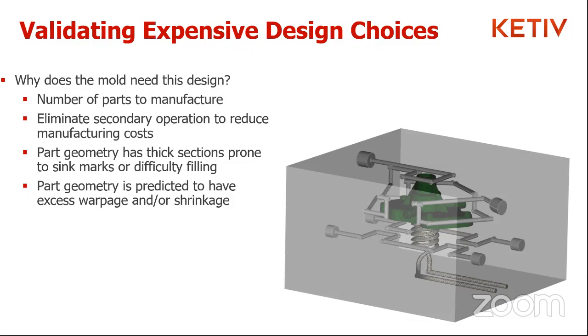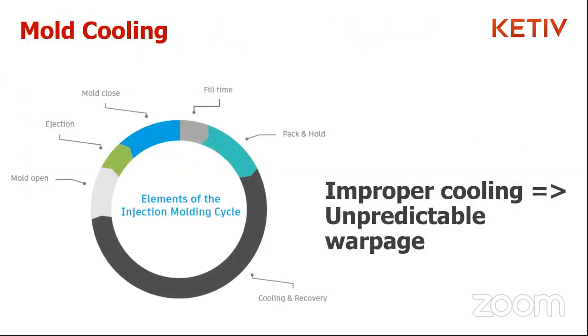Now we have been talking a lot about cooling and warpage. The reason for that is because mold cooling can usually account for more than two-thirds of the total cycle time in any production of any injection molded parts, right? So improper cooling leads almost always to unpredictable warpage.